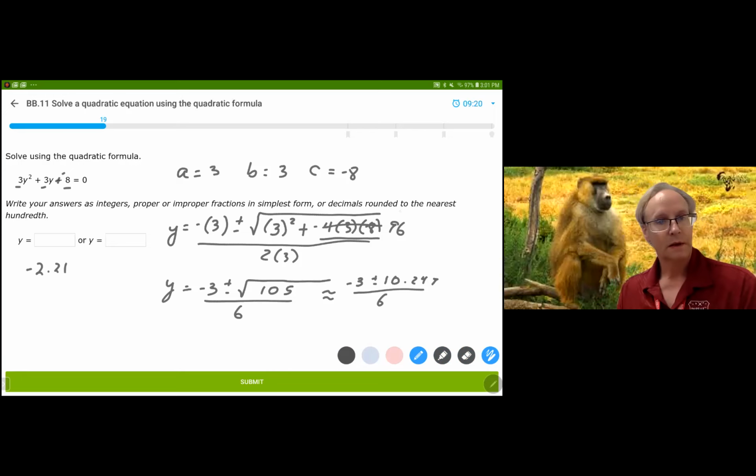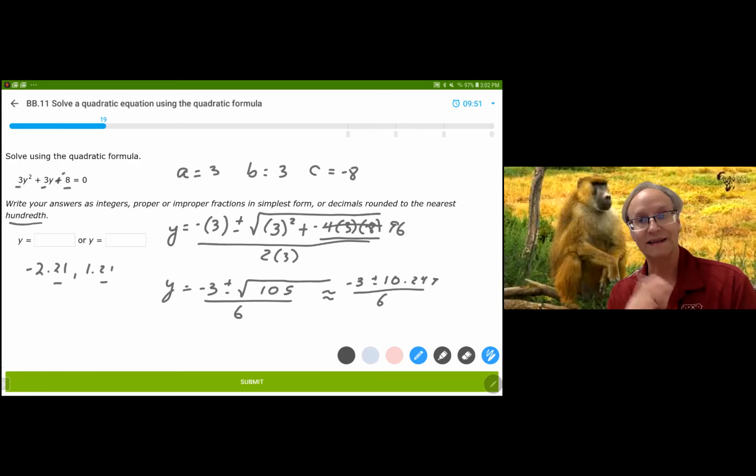And then my other one is going to be the difference. So I'm going to take the square root of 105, and I'm going to subtract the 3, and divide by 6, sorry. There it is, 1.21. Now, one thing you want to notice is that my decimals end up being equal, which is interesting.